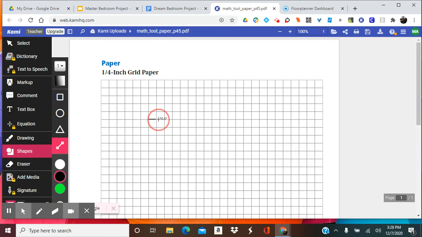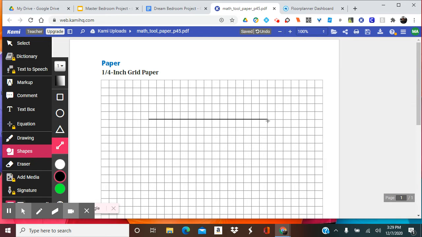That's going to be 1 foot, 2, 3, 4, 5, 6, 7, 8, 9, 10 feet. And I'll go 11, 12, 13, 15. So if I do 15 feet by 15 feet, that's going to give me 300 square feet.